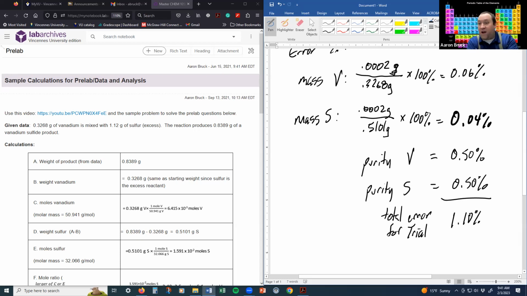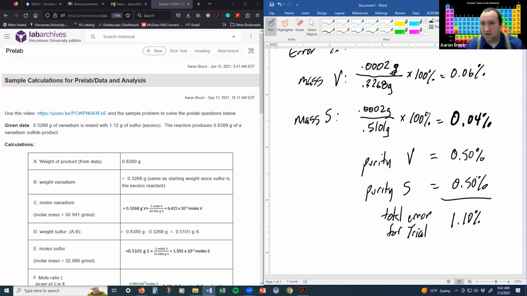So if I did a second trial, which you did, you would need to do this calculation again, using your masses in the second trial. The purities would be exactly the same though. So that's basically what you're being asked to do in this set.